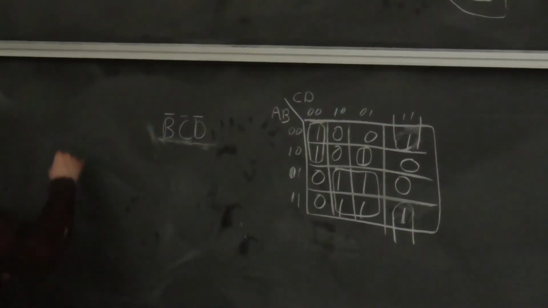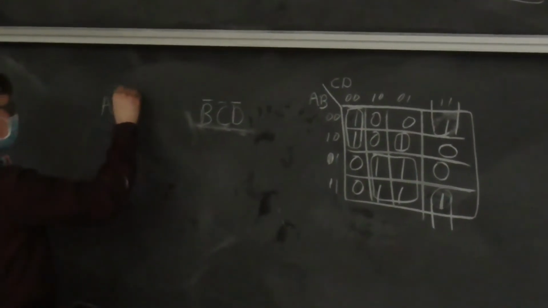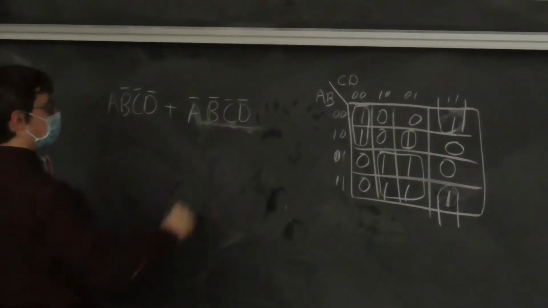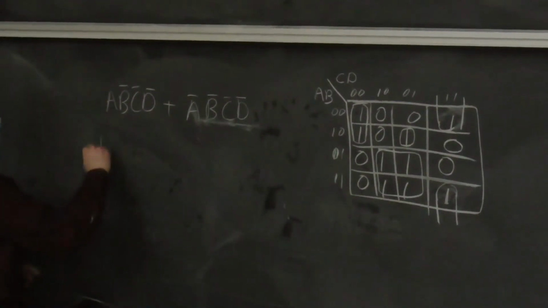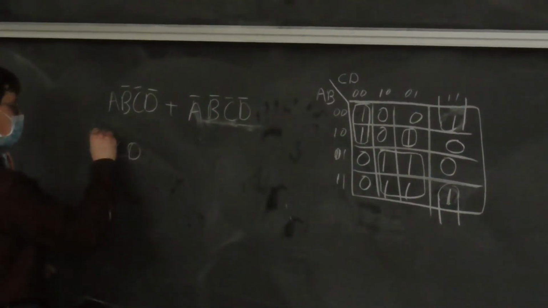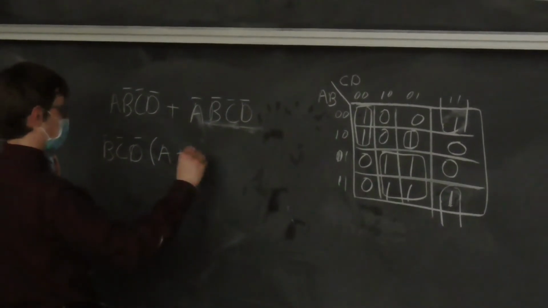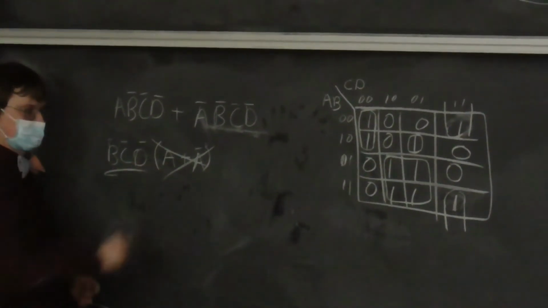Technically speaking, if you say A, not B, not C, not D, plus not A, not B, not C, not D, you can factor out not B, not C, not D, leaving A or not A, which is just nonsense. So then you're left with this anyway.